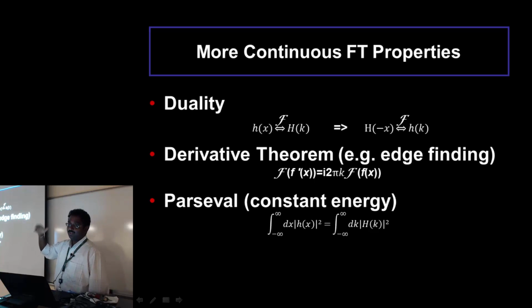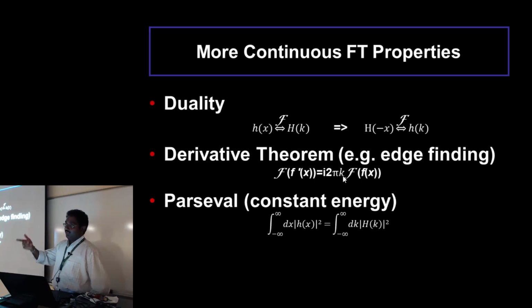Essentially it works as a high-pass filter, suppressing the center part because the K value is lower. If you see this, it's multiplied by K, right? So lower K values, whatever coefficients they have, are suppressed relative to the higher K values. That means it is acting as a high pass filter, suppressing the low spatial frequencies.